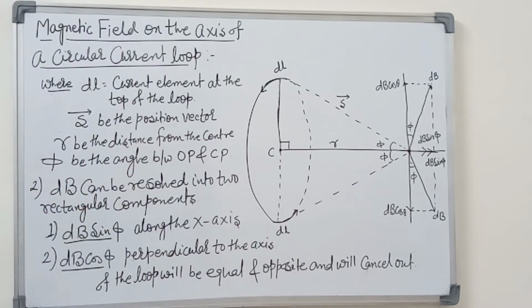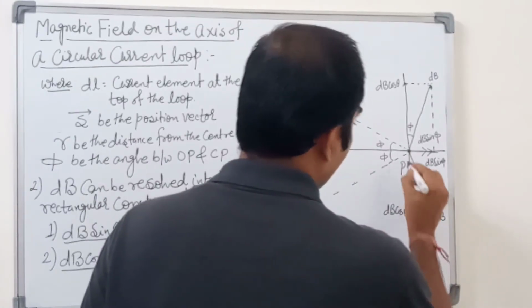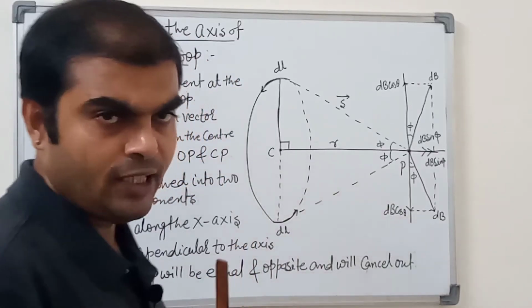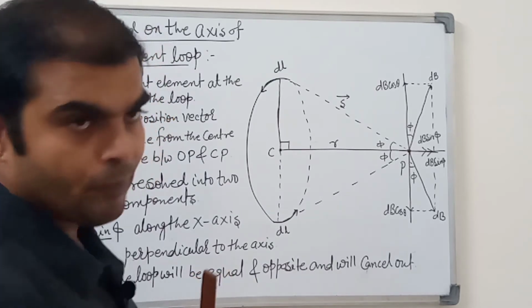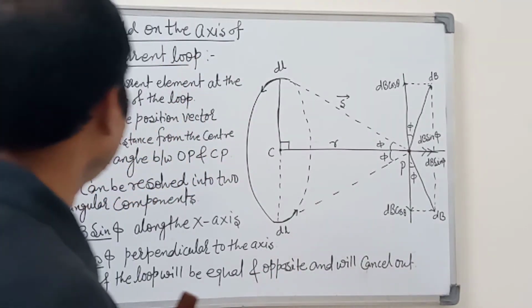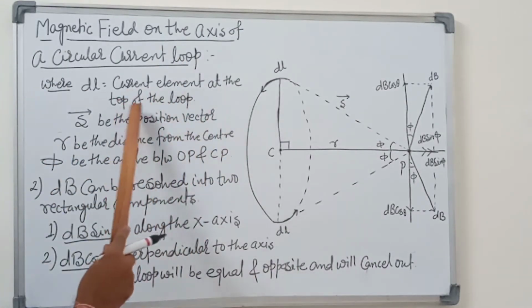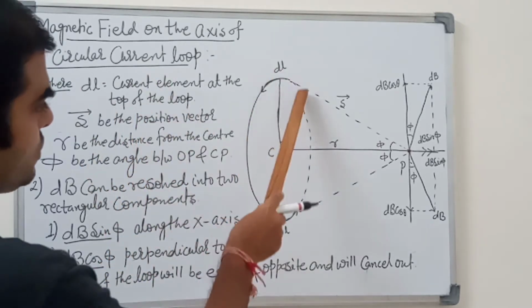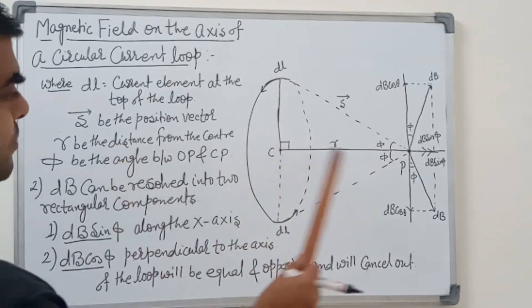At point P we find the magnetic field. Point P has two components, dB cos theta and dB sin theta. First of all, dl is the current element at the top of the loop, where s is the position vector and r is the distance from the center.